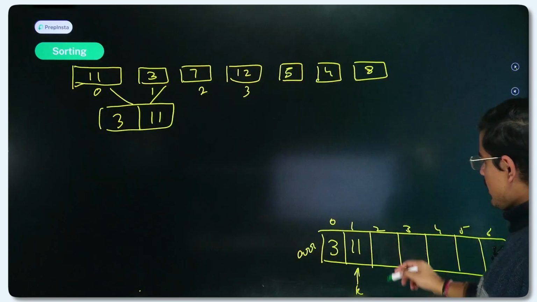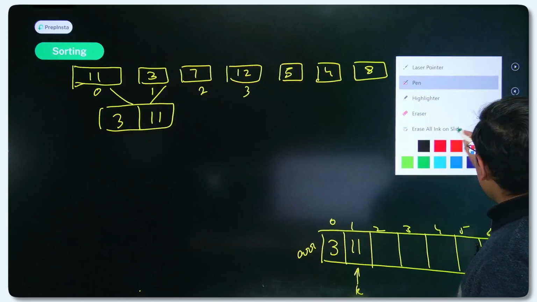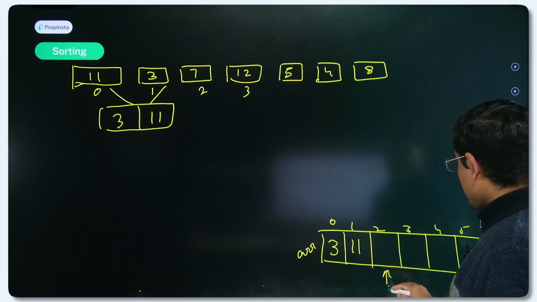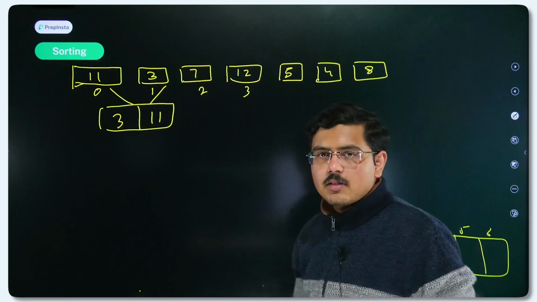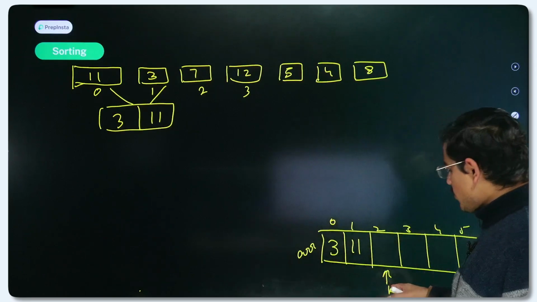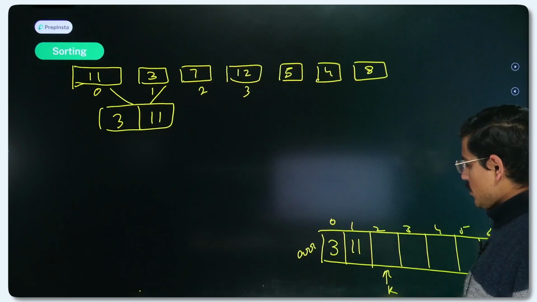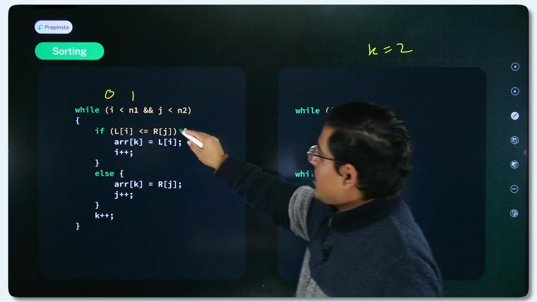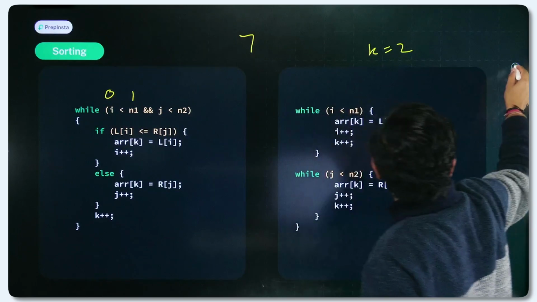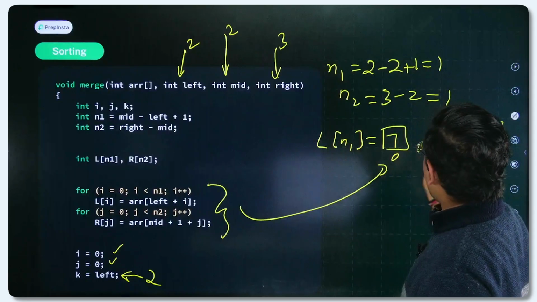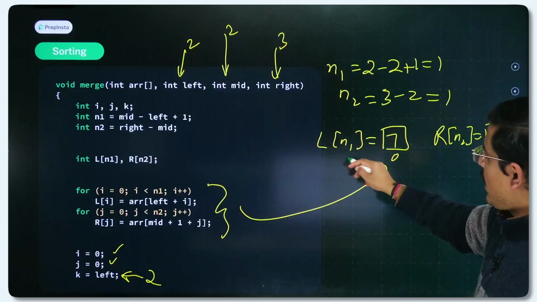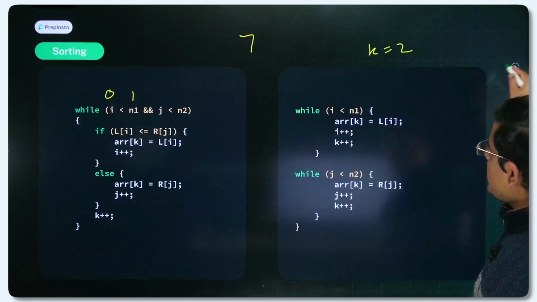So if you see in this array, K is already pointing at this particular place. Fine. Now when it is pointing at this particular place, what is happening? This condition, 7, right? If you correctly see, 7 is less than 12, L of 0 is less than R of 0, true.